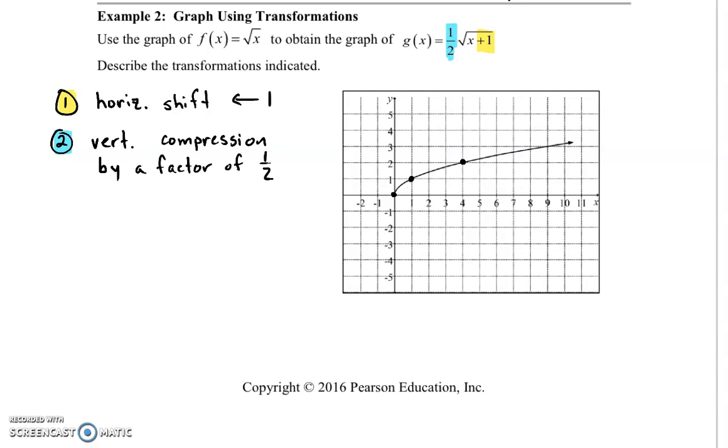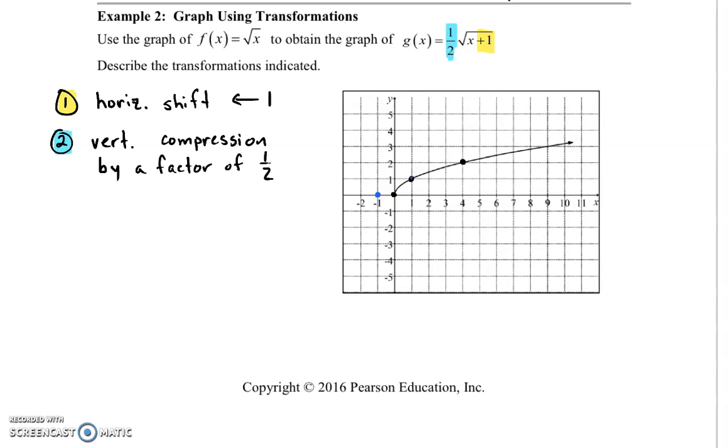For our (0, 0) point, first we shift it left 1. And then we cut its value in half, the y value. So the y value was 0. If we multiply that by 1/2, it's still 0.